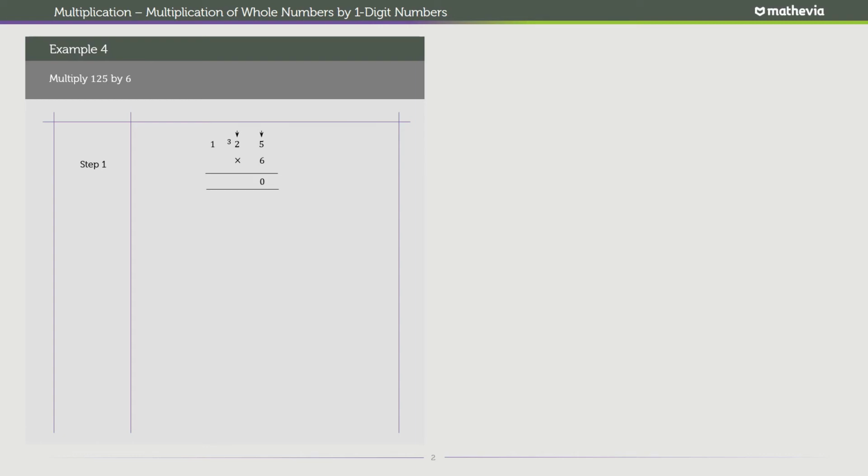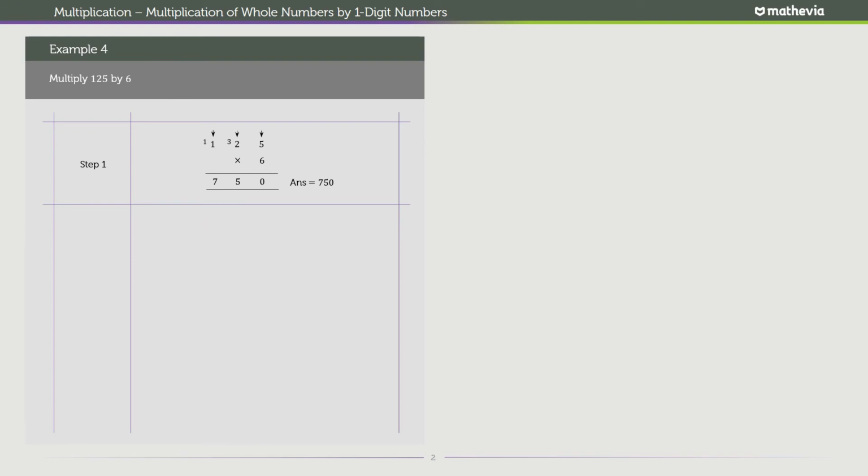Look closely, we actually have another number, so this time we have 15. We write down 5 and we carry 1. Because we have another number on the left, we write down 5 and carry 1. Then finally we have 6 times 1 is 6, plus 1 gives us 7, and we have our final answer in this case as 750. Very simple, very straightforward.